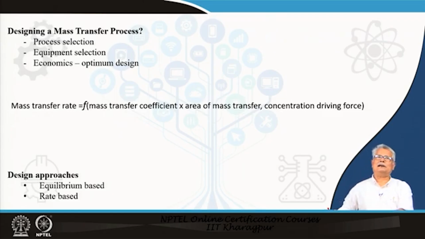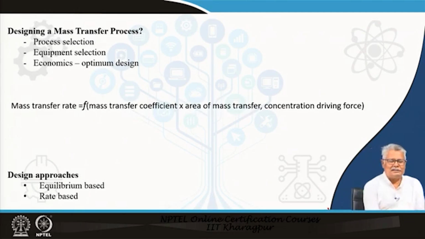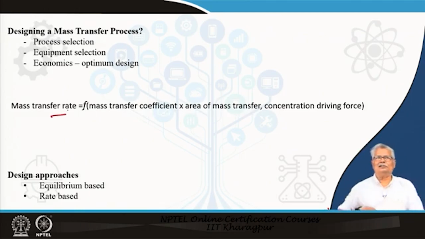Well, in doing that, perhaps we need to have some idea about the efficiency of the process that we are going to adopt. The efficiency of the process means the transfer rate should be high, and we all know that your mass transfer rate is a function of the mass transfer coefficient multiplied by the area of mass transfer and also the concentration driving force.